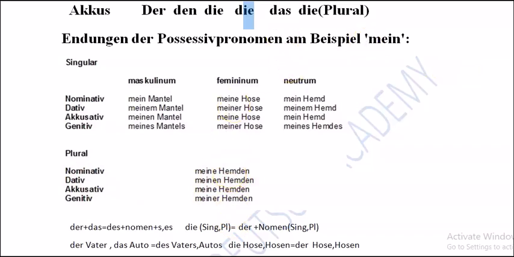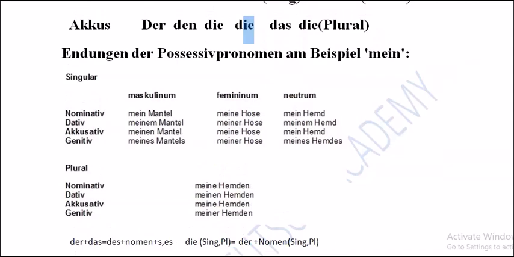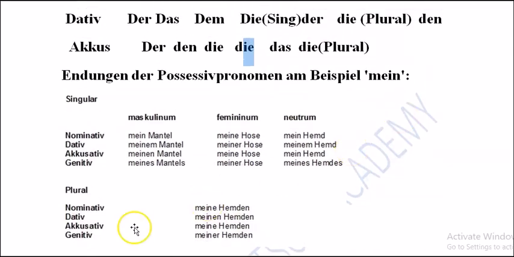and how they are in dative and accusative. For example, we say meine Hemden. It is nominative form. So in nominative form, die is die. In dative, die is changed to den.